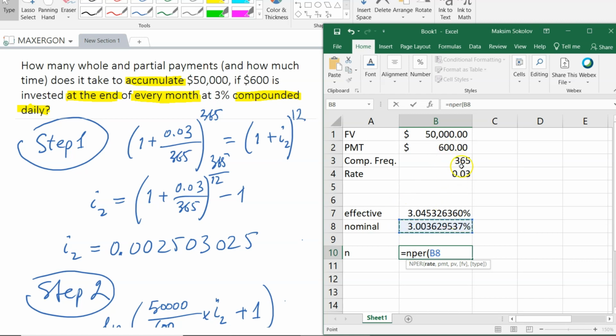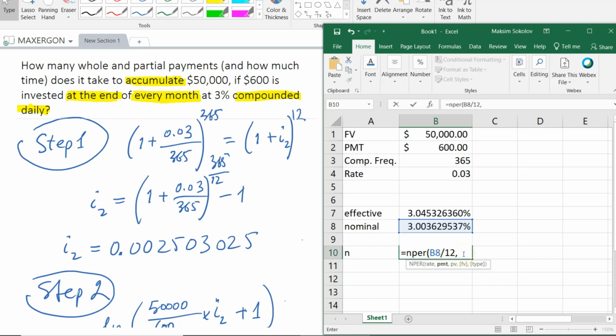After you converted this 3% compounded daily into the new nominal rate, which is now compounded monthly, the annuity has become simple. Now you need to use this new nominal rate. So we'll use B8, which we have to divide by 12, because that's the new compounding frequency for the rate. And Excel requires a periodic rate for rate.